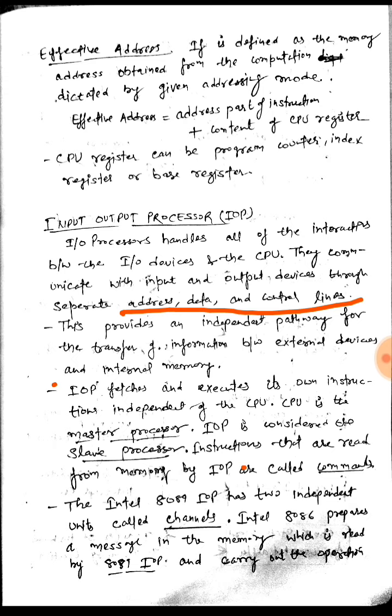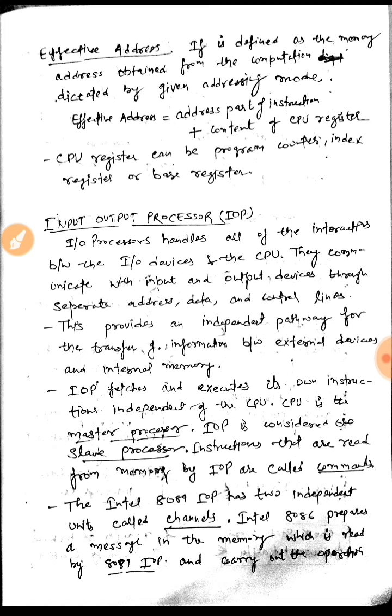Instructions that are used from the memory of the input output processor are called commands. For example, the Intel 8089 input output processor has two independent units called channels. The Intel 8086, which is a microprocessor, prepares a message in the memory which is read by the 8089 IOP, which carries out the operation.